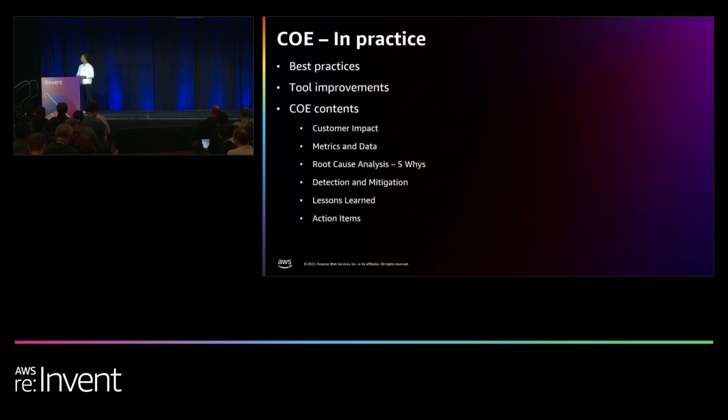And in practice, here's how it looks, right? The tool here talks about the background, how the impact for a customer during an outage is. It has metrics and data that speak to the impact. It has the triggering root cause that actually caused the impact, and 5 whys that drill down deeper from proximate causes down to the actual root cause.